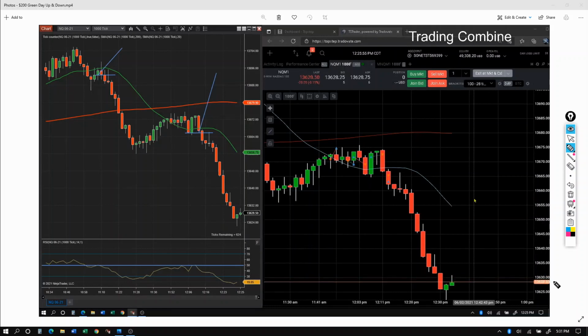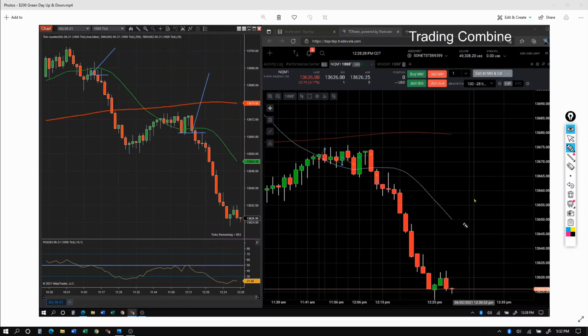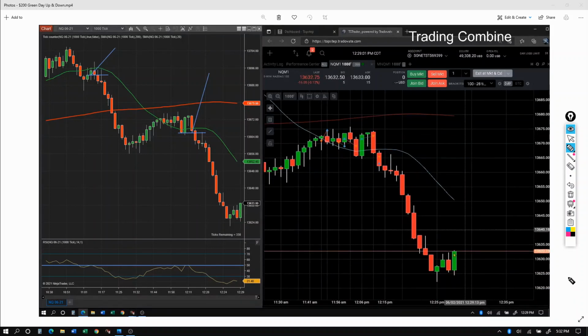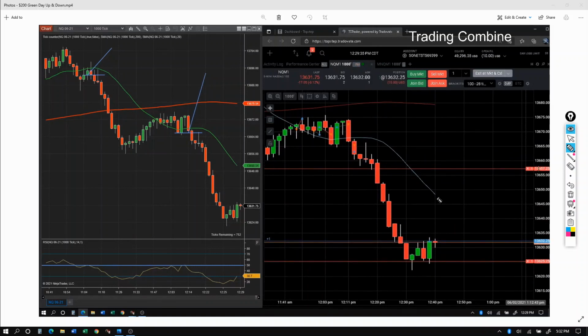And now, just like the other trade before, how it broke through the 20, I'm waiting for the retracement back to the 20 moving average. And I'm actually a dummy here for not waiting for it to get to the 20 moving average.